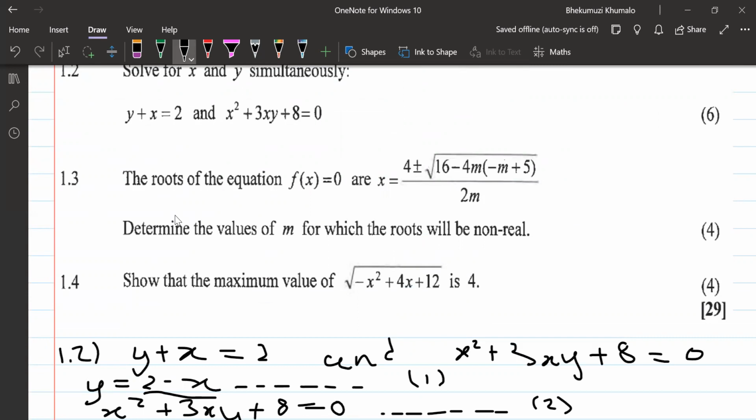So they actually gave us the roots in terms of the quadratic formula, right? And then they say determine the values of m for which the roots will be non-real.